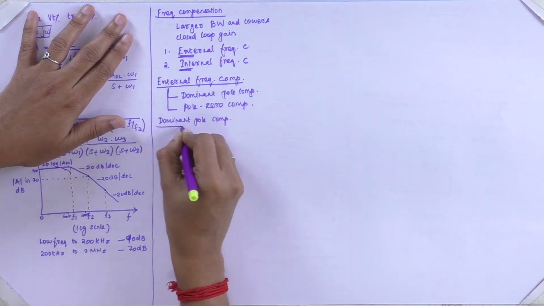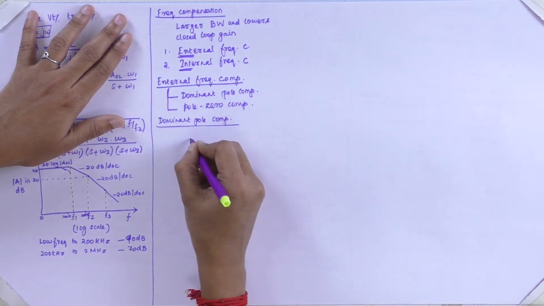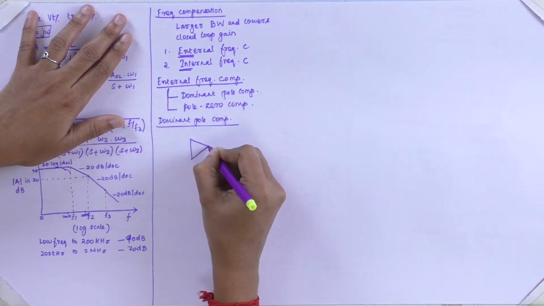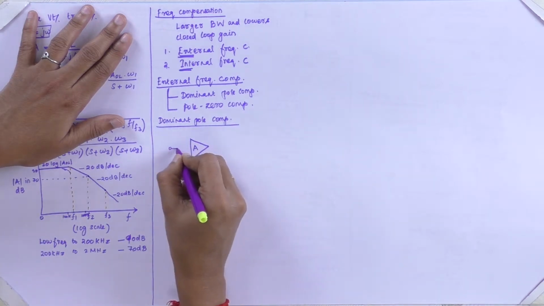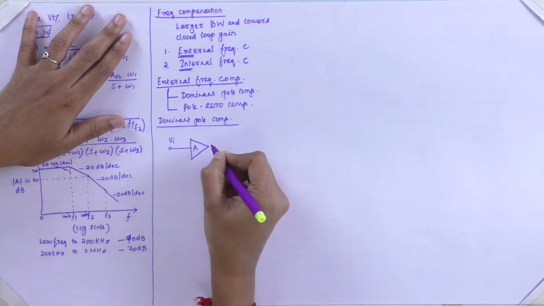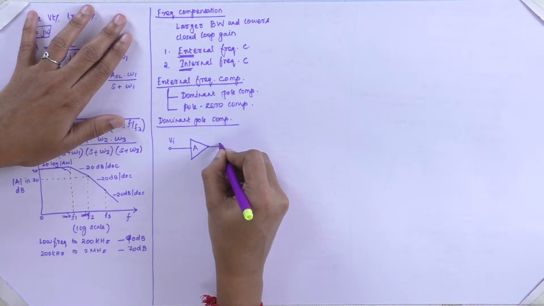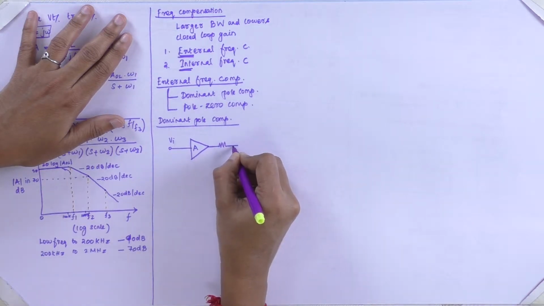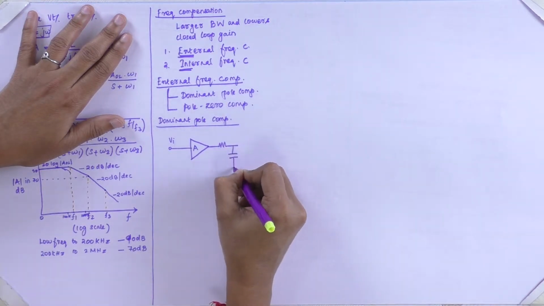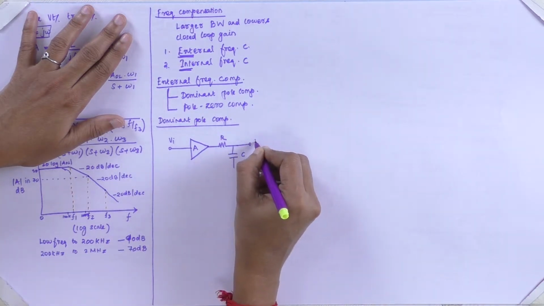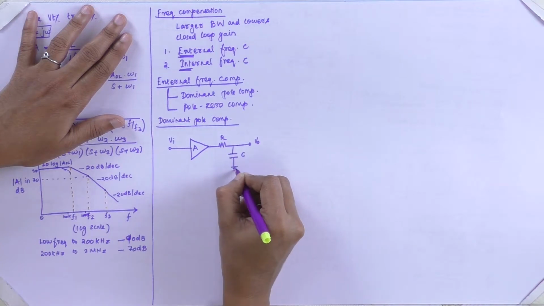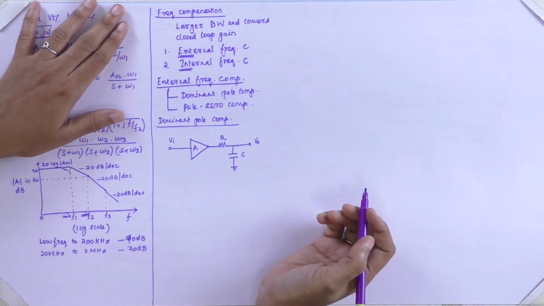In this dominant pole compensation technique, we have an operational amplifier with a gain A. The input voltage we have applied is Vi, and we are connecting a resistive component and a capacitive component, and further at the end we are going to take the output voltage V0.